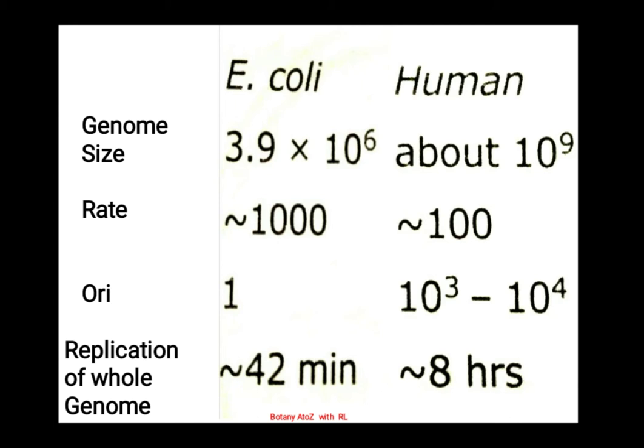Despite this, it takes 8 hours for the whole genome of a human cell to replicate, in comparison to Escherichia coli, a bacteria, wherein the whole genome is replicated only in 42 minutes. Although there is only one ORI, the high rate and small genome size account for this short duration of 42 minutes.